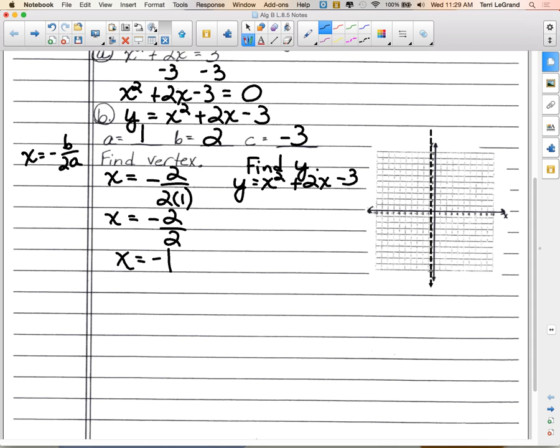We found out that the x value of the vertex is -1, so -1 in parentheses squared plus 2 times -1 and subtract 3. Go ahead and find the y value. Keep going and get that for us. Here's the y value of our vertex.